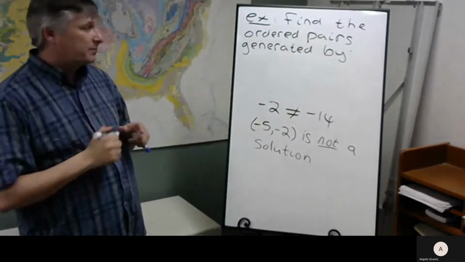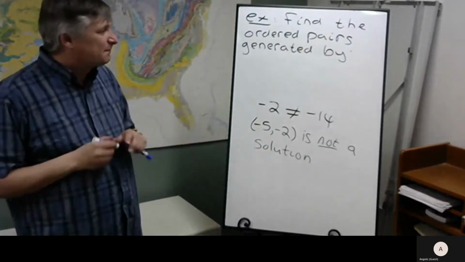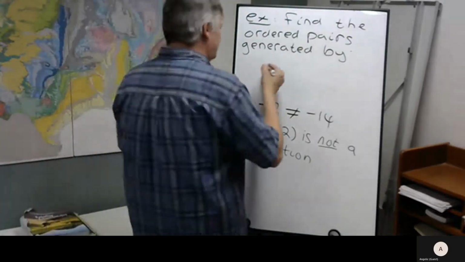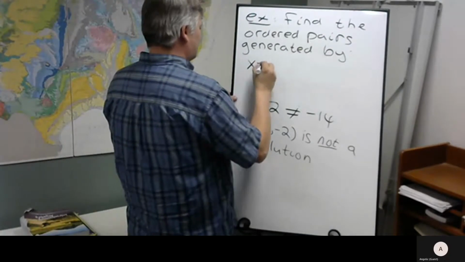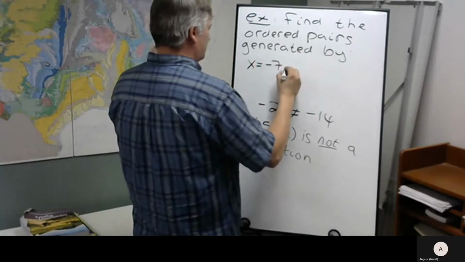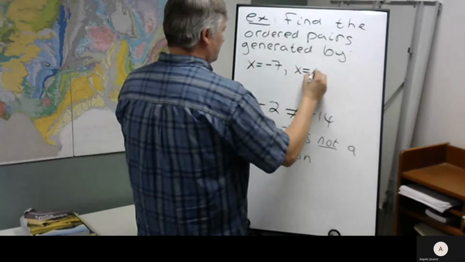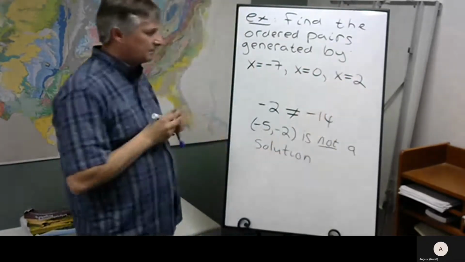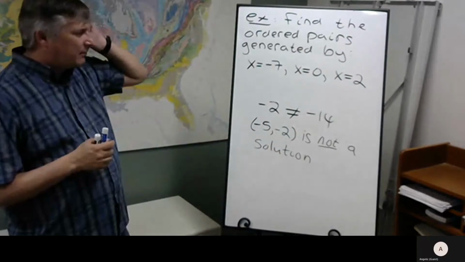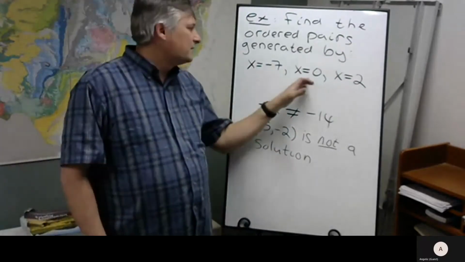So we're going to generate some ordered pairs. I'm going to generate 3. Now we have 3 x values, -7, 0, and 2.